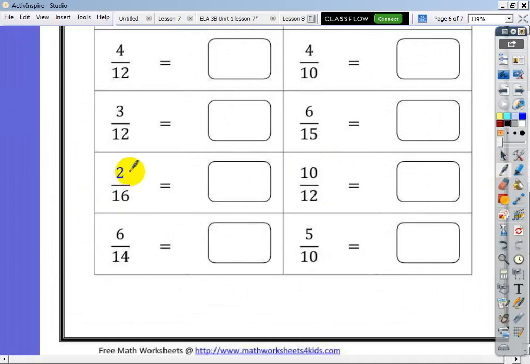2 divided by 2 over 2. 2 divided by 2 is 1. 16 divided by 2, what times 2 is 16? 8. And you can reduce your fraction down. All of these can be reduced in some way, using 2, sometimes using 3.